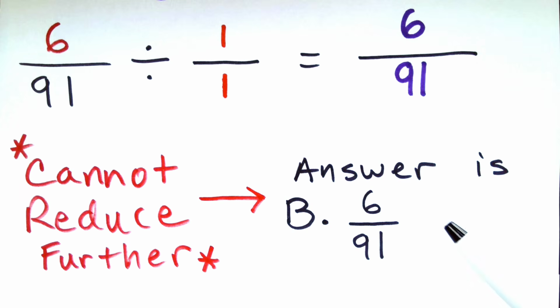However, let me just say this. On some assessments, they give you the fraction. On some assessments, they want you to give the percent. So in the next video, part 115, I'm going to show you how to convert this fraction into a decimal, then a decimal into a percent.